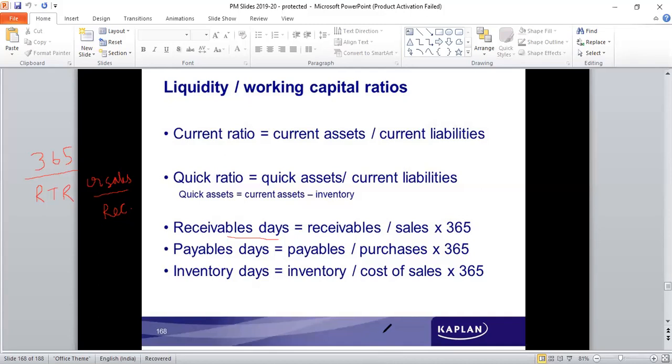Then we have inventory days. Inventory days is the same formula, the same logic: 365 days divided by inventory turnover ratio.